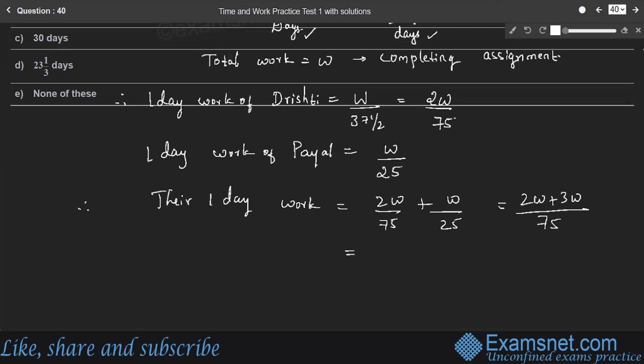So it is 5W by 75 or W by 75 by 5, right? To complete the total work, one assignment, they take 15 days of time.